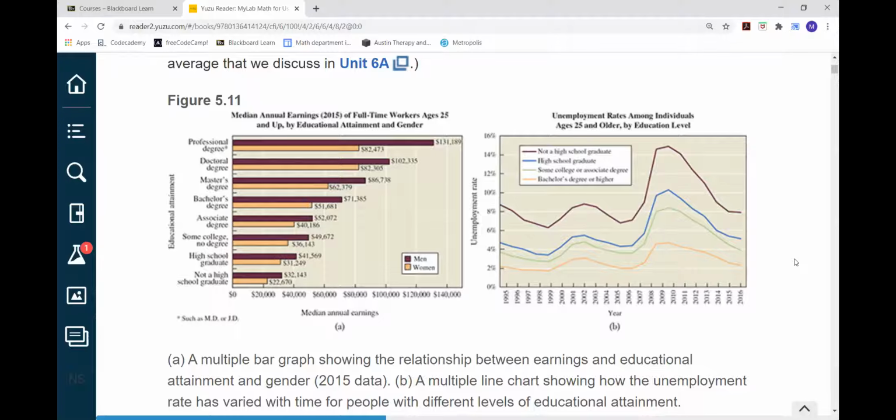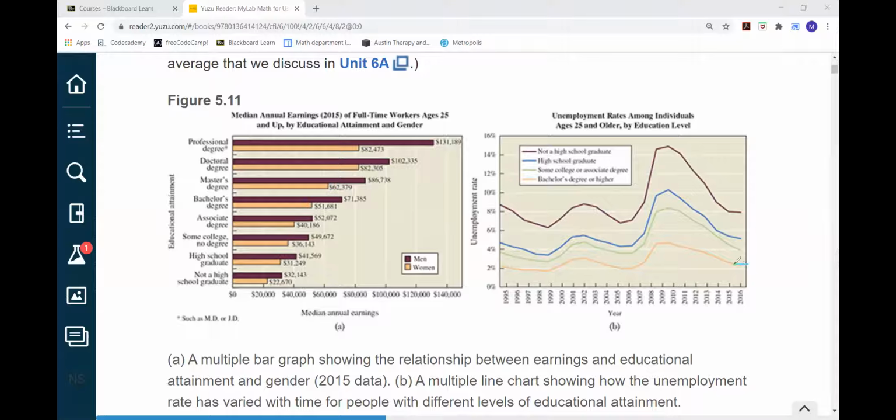For 2016, approximately how much more likely was a high school dropout to be unemployed than a worker with a bachelor's degree? So for 2016, I'm going along here to 2016. I can do some annotations on here too. I want to compare a high school dropout to someone with a bachelor's degree.